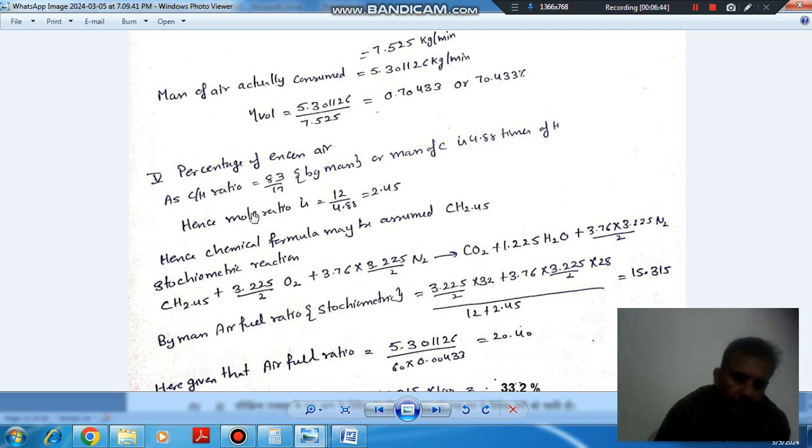If we take 1 mole of carbon and 1 mole of hydrogen, then molecular weight of carbon is 12 and molecular weight of hydrogen is 1, but here the mass is given, so it means there should be 4.88 times the mass of hydrogen. Okay, so then this will be a mole ratio.